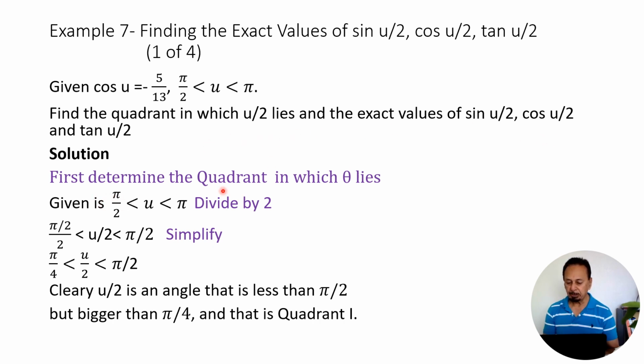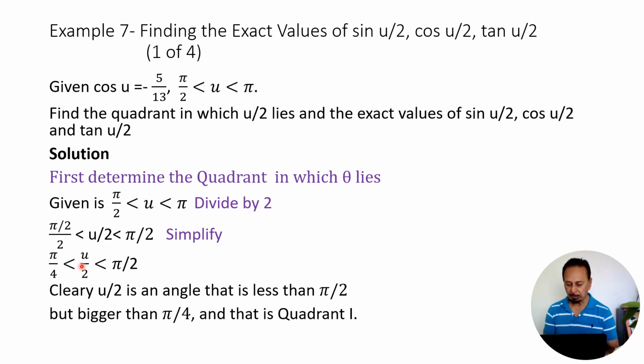First, determine the quadrant in which u over 2 lies. Given is u is between pi over 2 and pi. So let's divide by 2. You have pi over 2 divided by 2 less than u divided by 2 less than pi divided by 2. You simplify, this becomes pi over 4 less than u over 2 less than pi over 2.